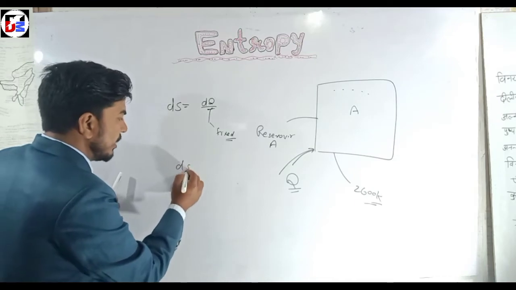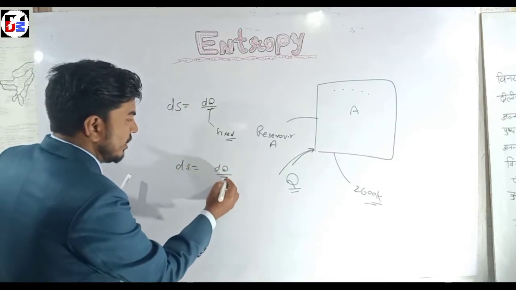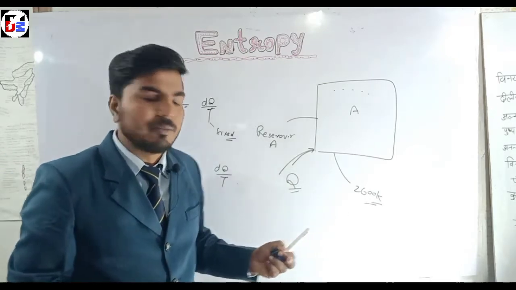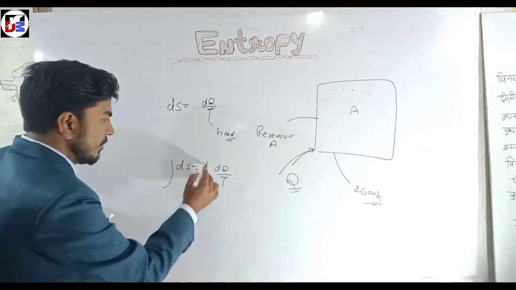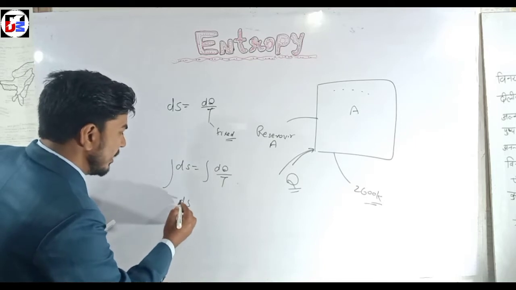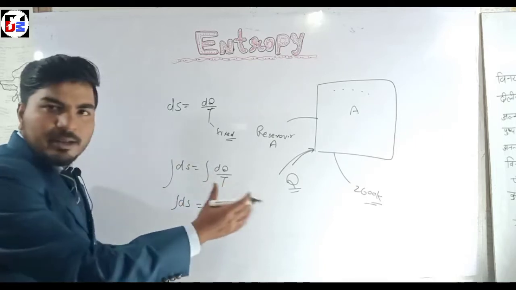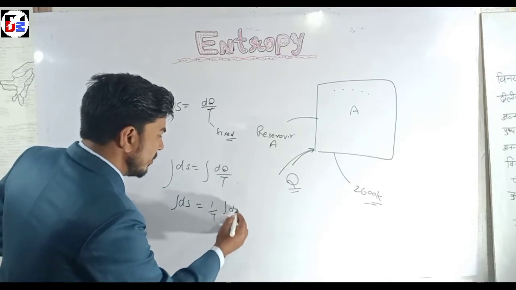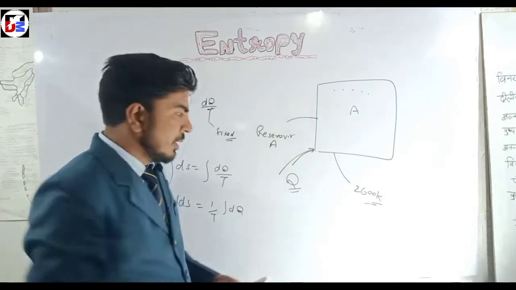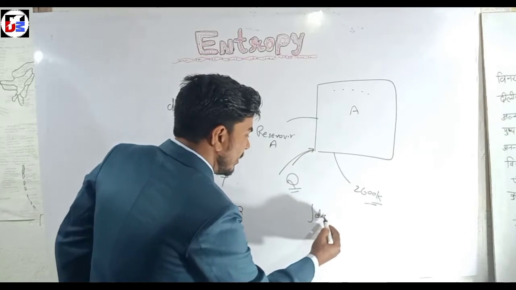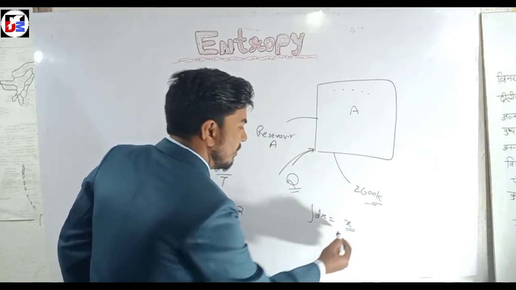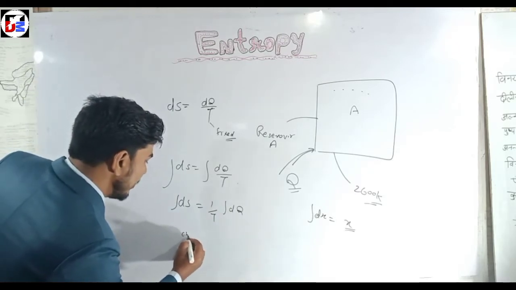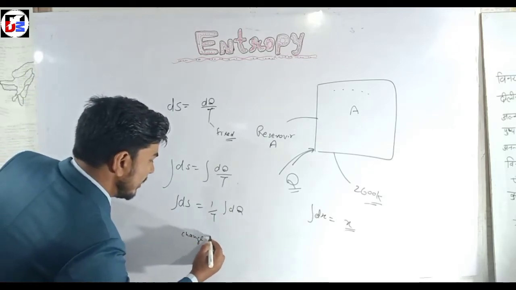T is constant, because this is a reservoir with no change in temperature. Then we integrate: the integral of dS equals 1 by T times the integral of dQ. The integration of dx gives the value x. So here dS means the change in entropy.